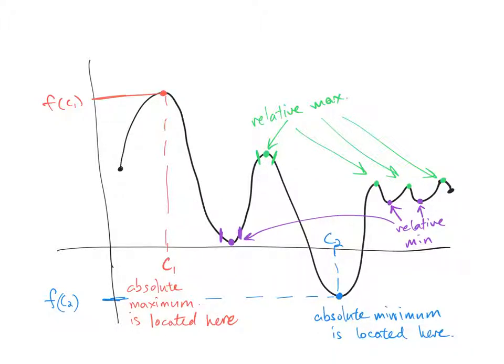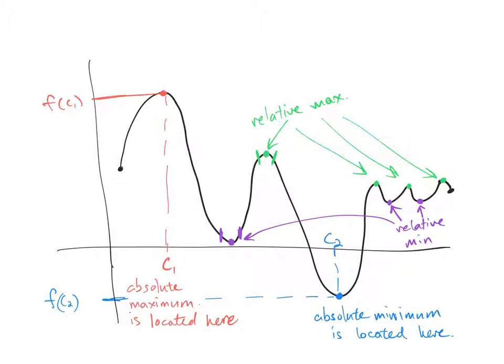So we say some open interval containing C, that value that is the minimum. So hopefully this gets you the idea that the relative maximums happen here, here, here, here, but the biggest max is the absolute maximum. And we have some minima over here, the blue and purple dots. And the lowest minimum is the absolute minimum.